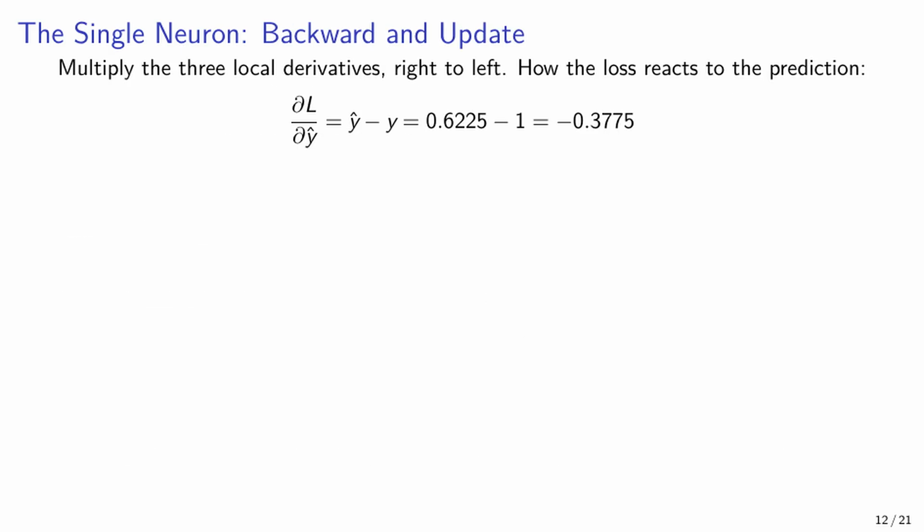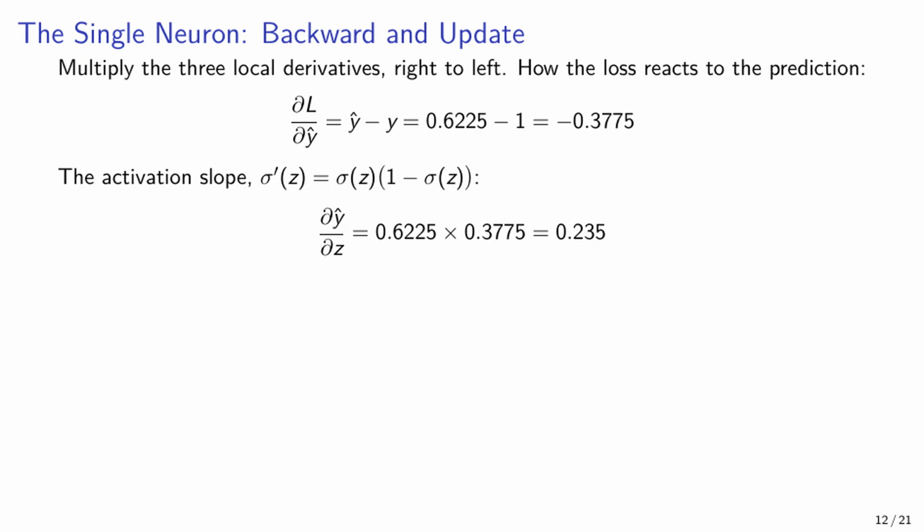The first, how the loss reacts to the prediction, is y hat minus y, which is 0.6225 minus 1, negative 0.3775. The second is the activation slope. Sigmoid prime of z is sigmoid times 1 minus sigmoid, 0.6225 times 0.3775, which is 0.235.